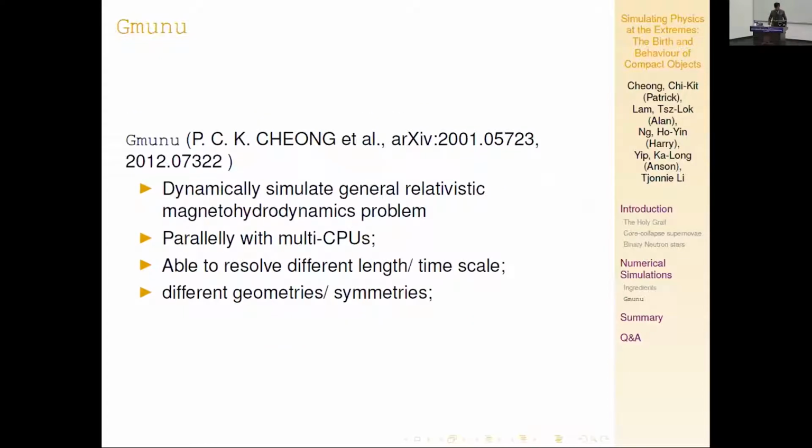This code can be used to dynamically simulate general relativistic magnetohydrodynamics problems, can be run in parallel with a lot of CPUs, is able to resolve different length and time scales, and can be set up in different geometries, or different symmetries can be imposed.